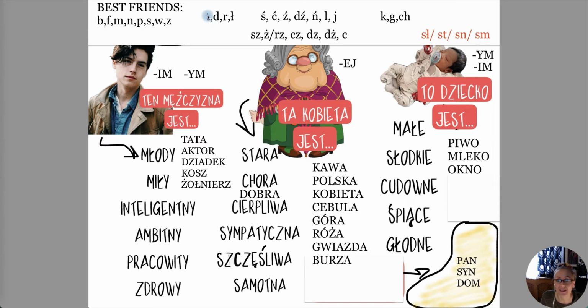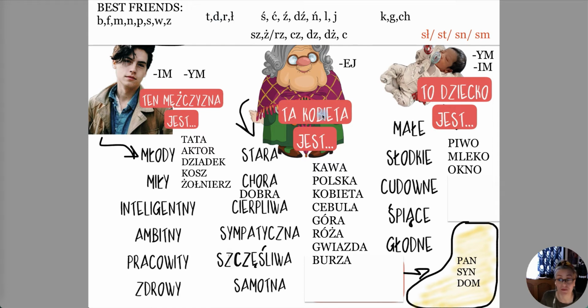So kobieta in locative becomes kobiecie, kobiecie. Masculine noun, let's say brat, will become bracie. So these endings are shared regardless of the gender, but you need to know this. You need to know which consonants will have that ending, right?